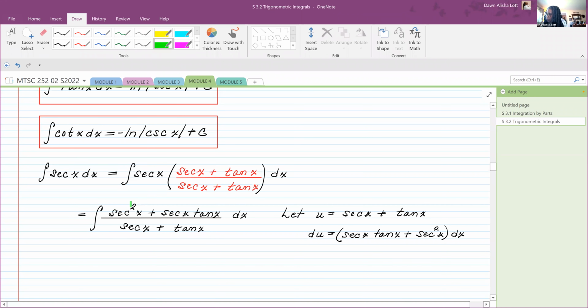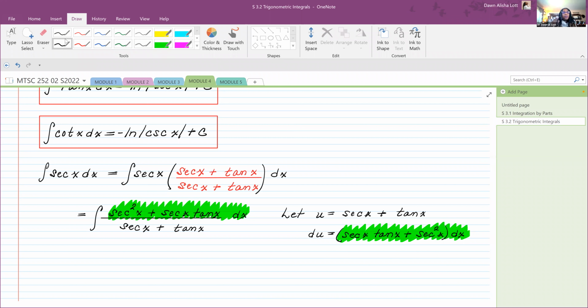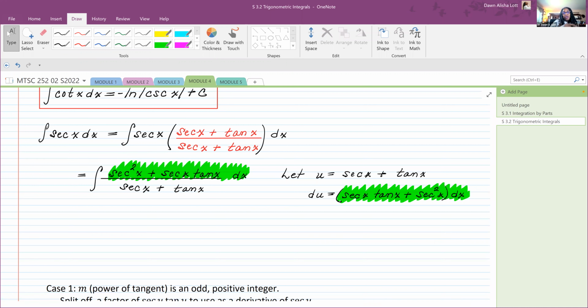This is right here. So just by multiplying by that term, I can get my du as I need it to be. So this is the integral of du over u, which is the log of the absolute value of u plus a constant. So therefore, I have my formula.